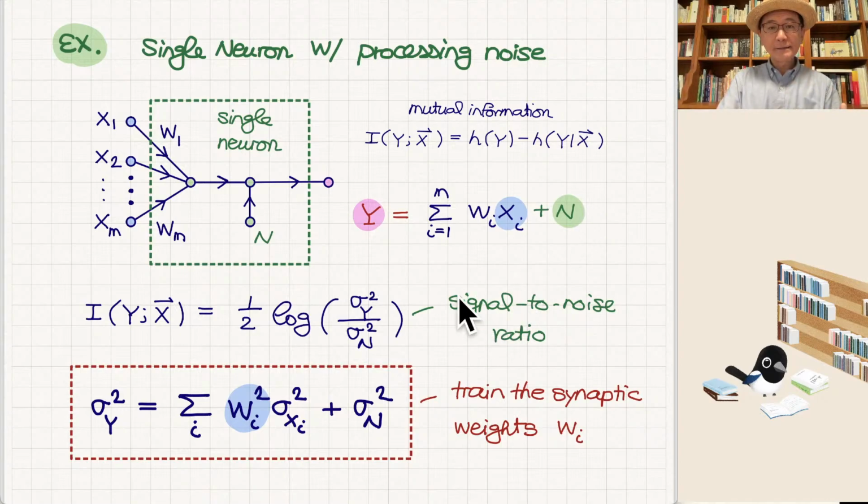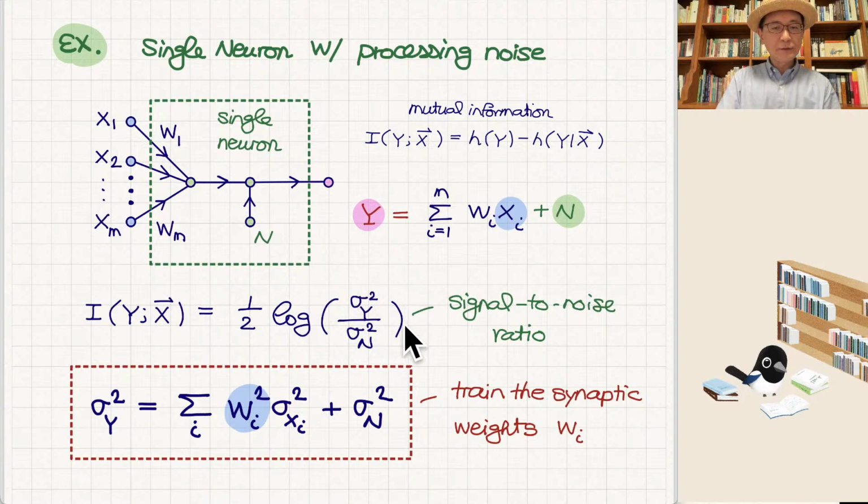So we said we can calculate the mutual information between y and x. Remember that? And this can be done easily. So at the end of the day, we got a pretty interesting form. That is, with this relation, if we compute the mutual information between y and x, we get basically 1/2 log of the ratio of signal to noise.